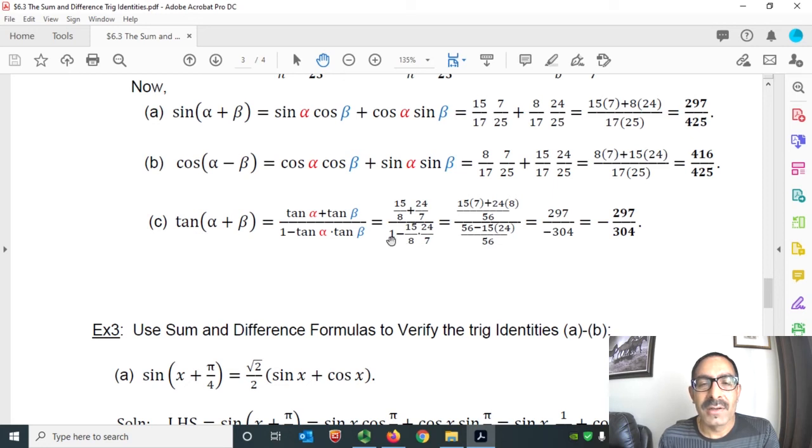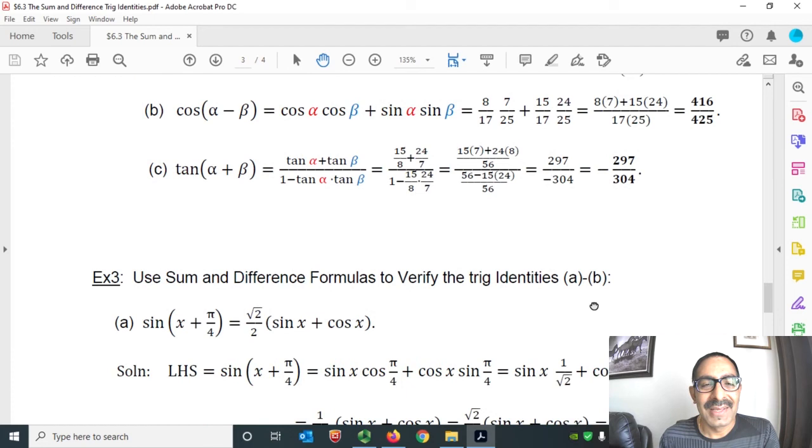By the way, we have 1 over 1, so the LCD turns out to be 8 times 7, 56, so 56 times 1 is 56 minus 15 times 24. So we can cancel this 56, then add the two terms in the numerator, subtract the two terms in the denominator and simplify. Our final answer turns out to be minus 297 over 304. I hope this algebra makes sense to you all. Now let's move on. Example 3.